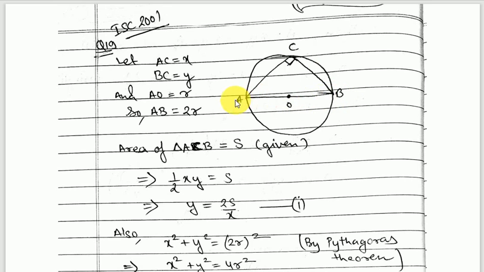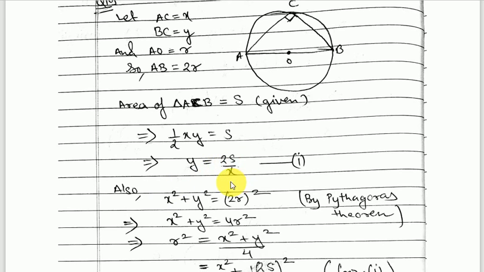Let us take AC to be x, BC to be y, and AO equal to the radius of the circle. So the hypotenuse will be 2r. Now it's already given that the area of this right angle triangle is S. So S equals half into base into height, so I can write S equals half x into y. That means y will be 2S upon x.